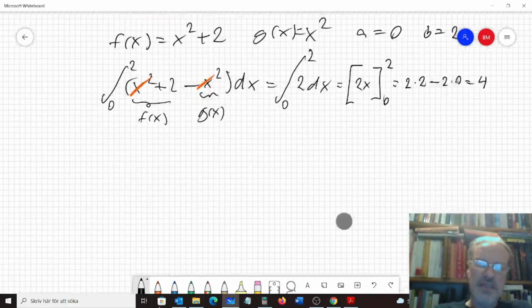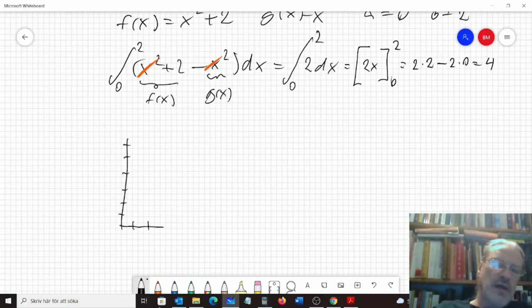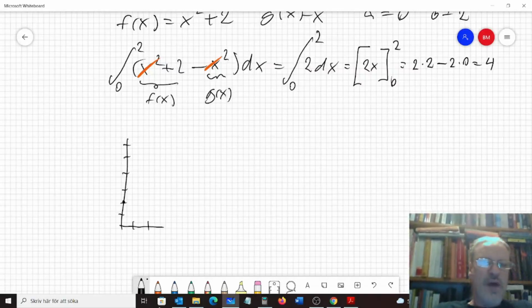This will really make sense if we graph the functions. So we have 1, 2, 3, 4, 5, 6, and 1, 2. And we look at the x squared plus 2. 0 gives us 2. 1 gives us 1 squared plus 2, that's 3.